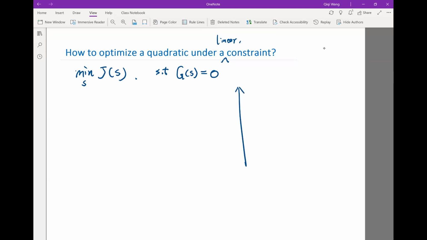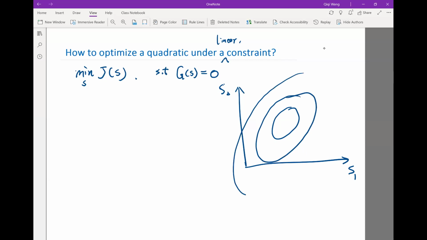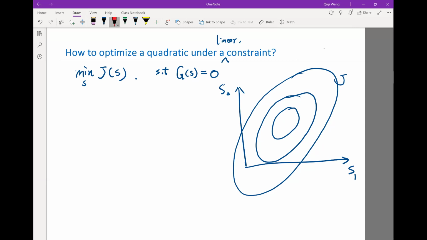So let's consider the simplest constrained optimization case. We have S1 and S2 being 2 independent variables. We have the same kind of quadratic as we had previously. So if you draw the contour of J, it's like this. Okay, now let's focus on the new stuff. That's the constraint G. So G being a linear function, right?